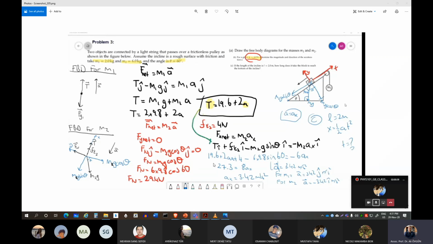This direction, and we choose the x-axis like that. And we said that one side is positive and the other side is negative.